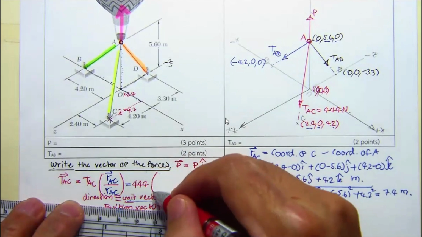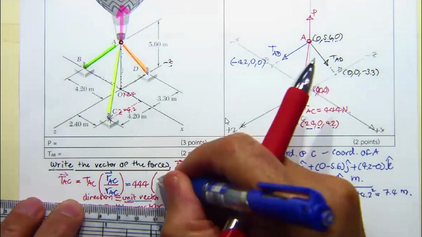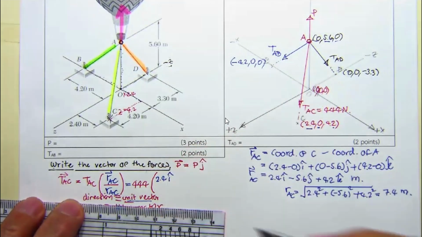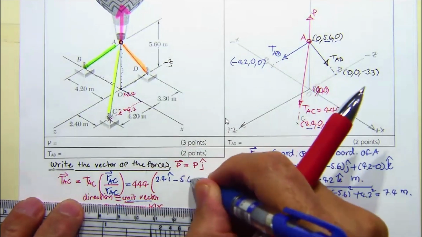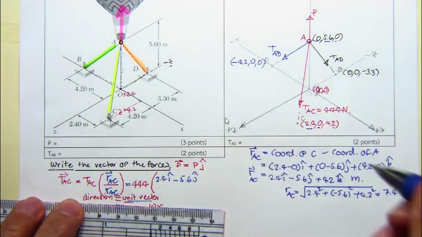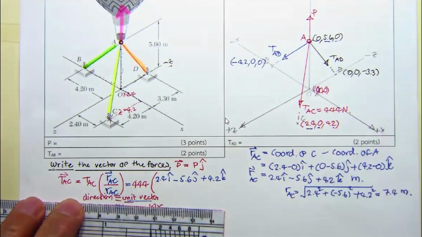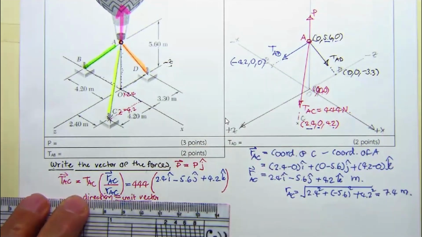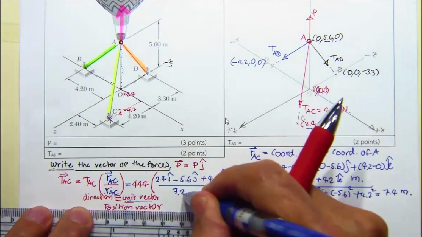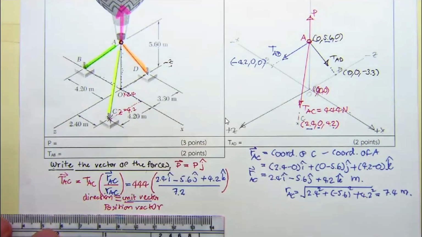And then times, that's going to be 2.4 I minus 5.6 J, and then plus 4.2 K. Then just divide it by 7.2. Okay.